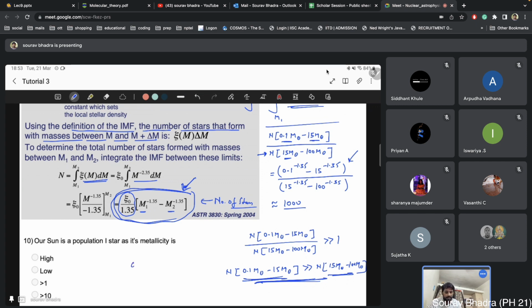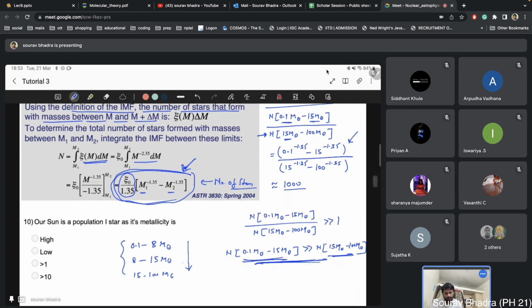So you can divide from 0.1 to, suppose, 8 solar mass, then 8 to 15 solar mass, then 15 to 100 solar mass. So you can get a rough idea about the number of stars in these different mass ranges, and you will see that going to higher and higher mass, the value will decrease.